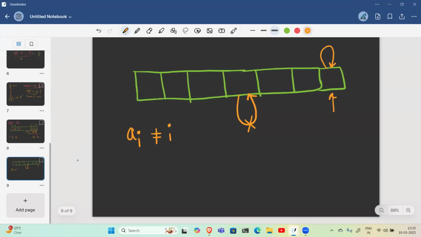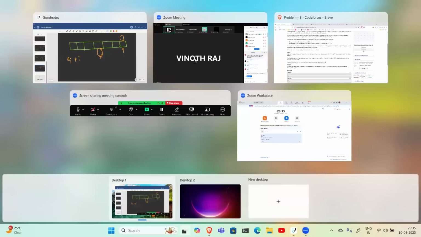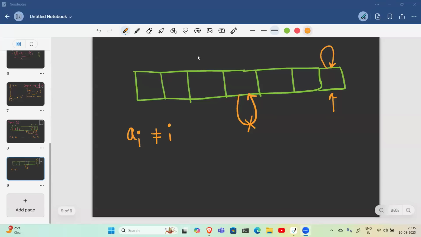So that means we cannot assign n to this final cell. So what should we assign to the final cell? Any idea? What should be optimal to assign at the final cell? We cannot assign n there, right? Because that would violate the condition. Yes, exactly. As Sandeep says, it makes sense.